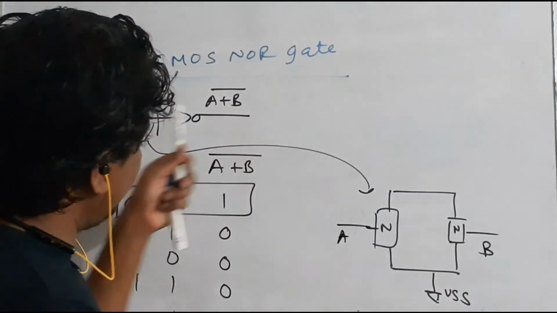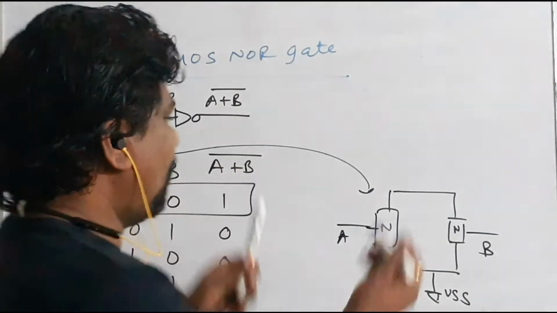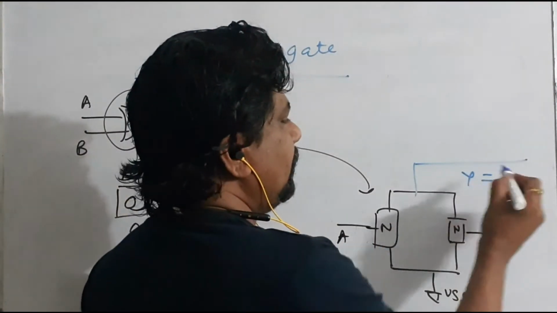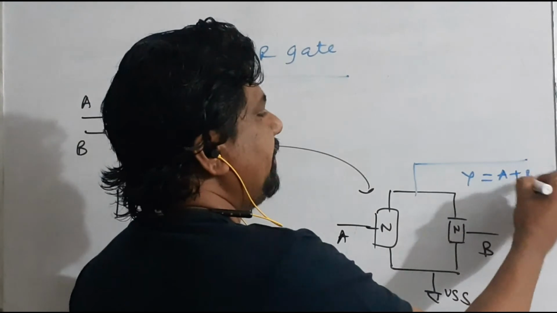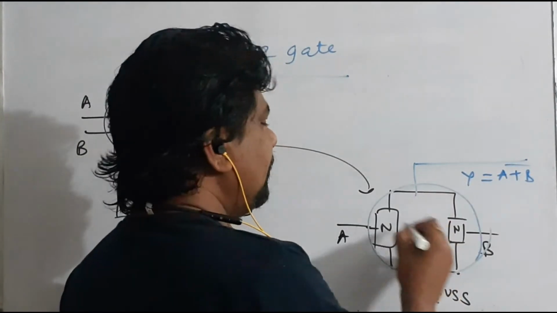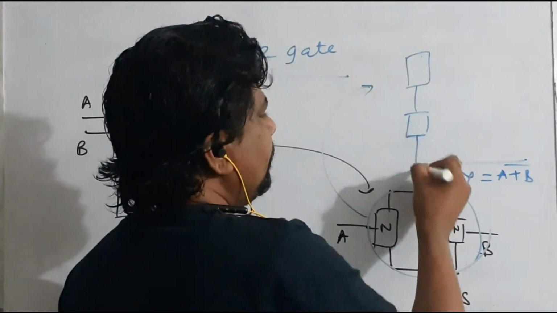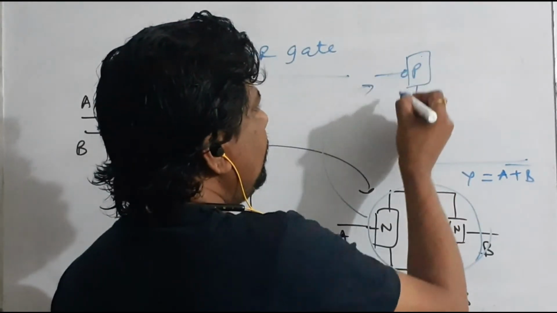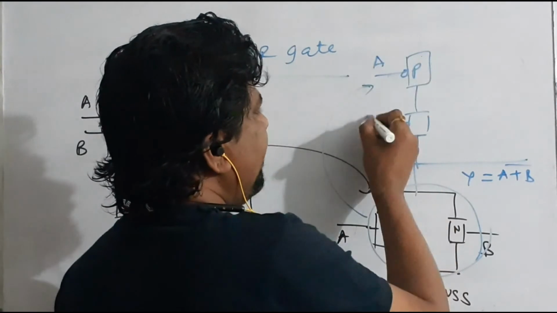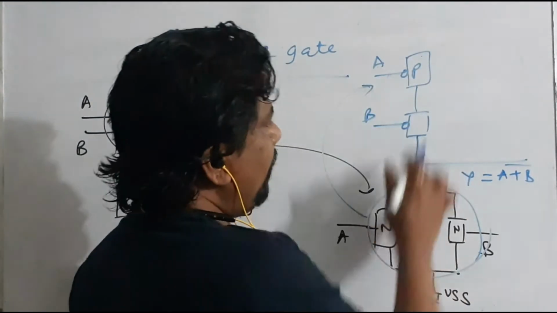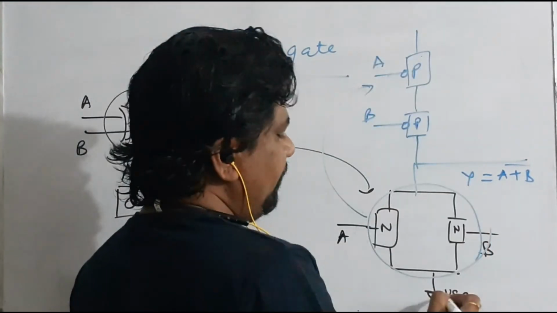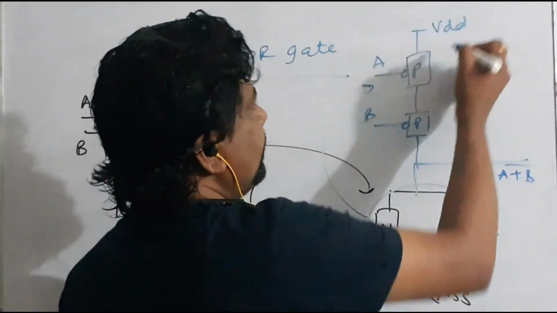Because not of OR is nothing but NOR, (A or B) complement. That means parallel. This will become series. Here again A B. N complement is P. VSS complement is VDD.